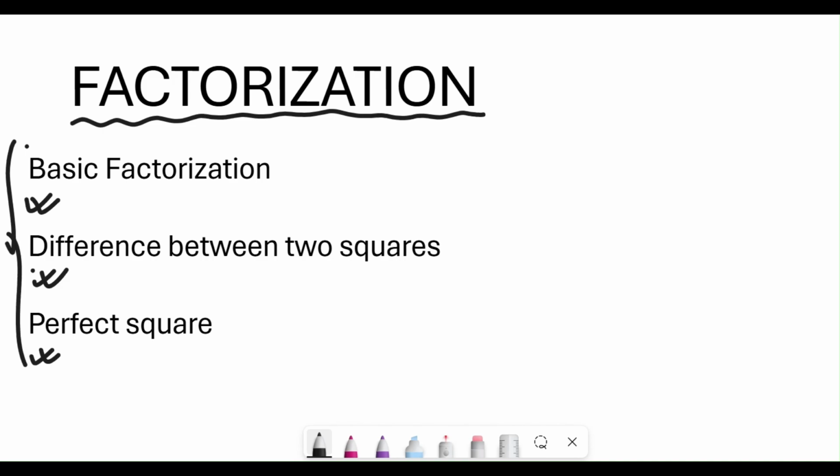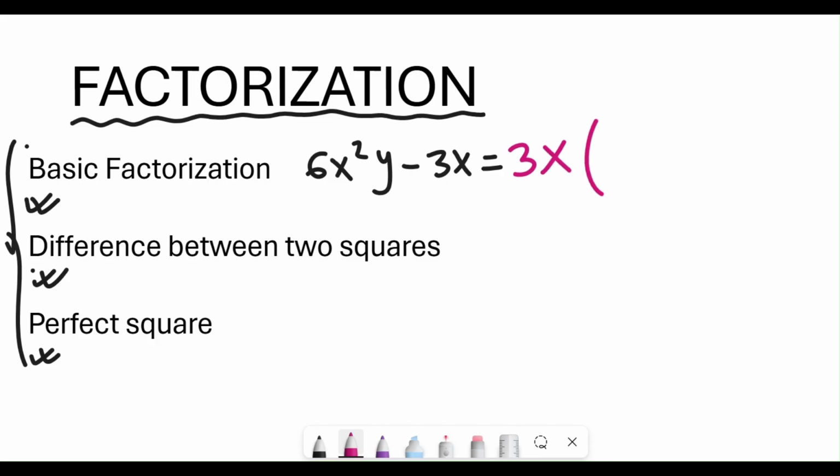So, basic factorization. If we have an example like this, 6x squared y and then minus, let's say, 3x. Now, what do they have in common? Do they have anything in common? Oh yeah, they do. Both of them have 3x in common, so it's their common factor, right?